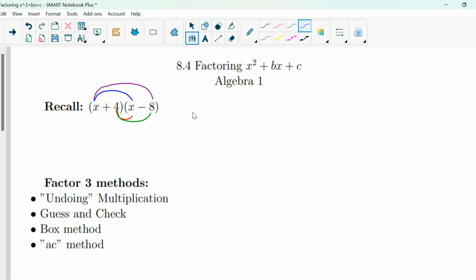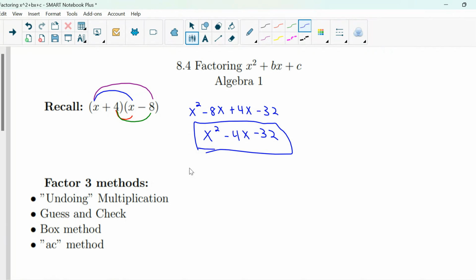So I have x times x, which is x squared, x times negative 8, which is negative 8x, 4 times x, which is 4x, and 4 times negative 8, which is negative 32. Now, let's go ahead and combine our like terms in the middle there, and that's going to give us x squared, negative 8x plus 4x, which is negative 4x, minus 32.